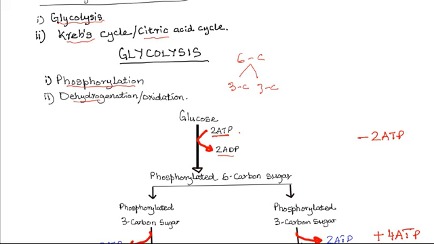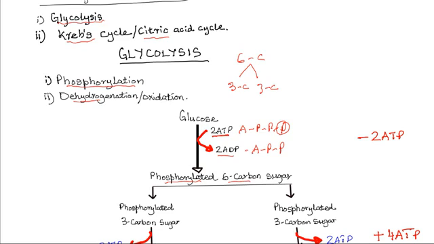Remember the structure of an ATP: adenosine attached to 3 phosphate molecules. Then the last phosphate molecule is attached to the glucose, so that what is left is adenosine diphosphate. So 2 phosphate molecules are attached to make the phosphorylated 6-carbon sugar.